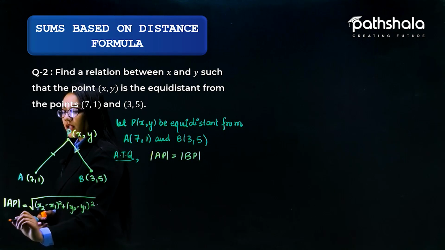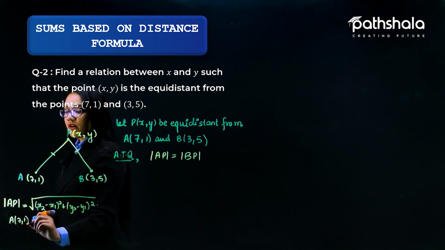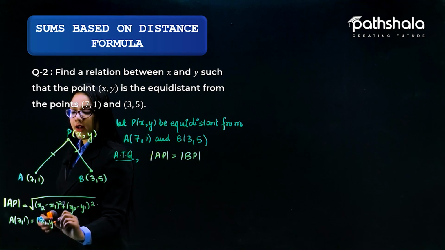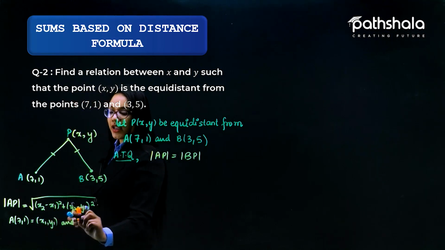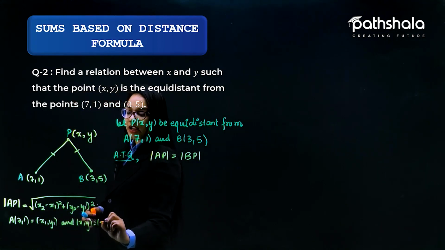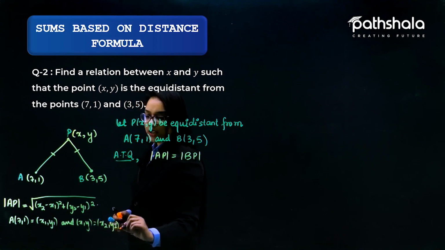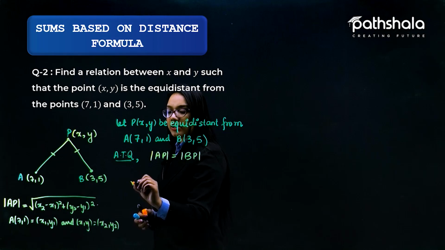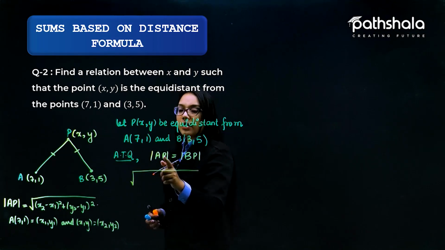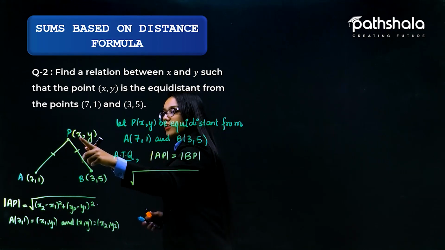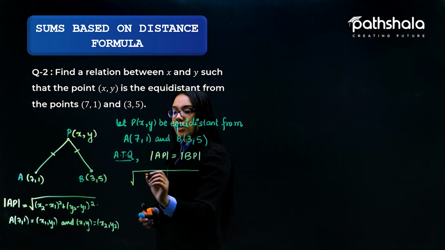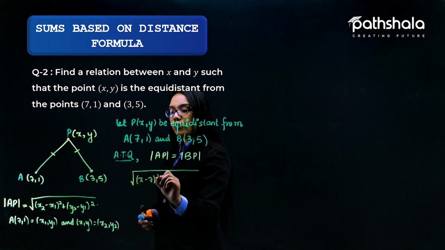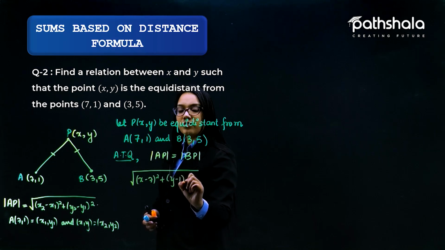I am taking the coordinates A (7, 1) as x1, y1 and (x, y) as x2, y2. Let's plug in the values. AP is the square root of (x minus 7) whole square plus (y minus 1) whole square.